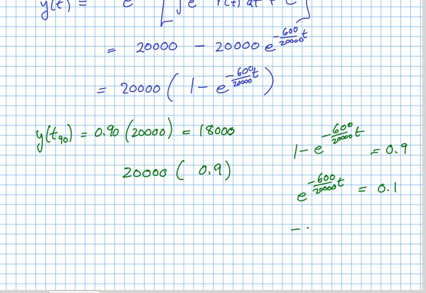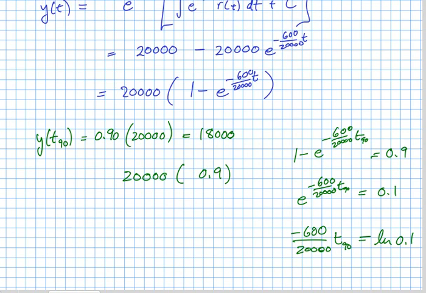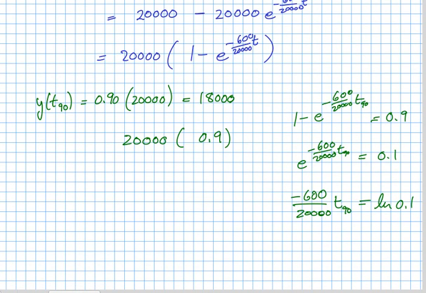Which means that minus 600 over 20,000 t90, let's put the subscript just to label this specifically, is going to be equal to ln of 0.1. You could say that's negative log 10 if you prefer. The answer is T90 equals negative 20,000 over 600 times ln of 0.1.